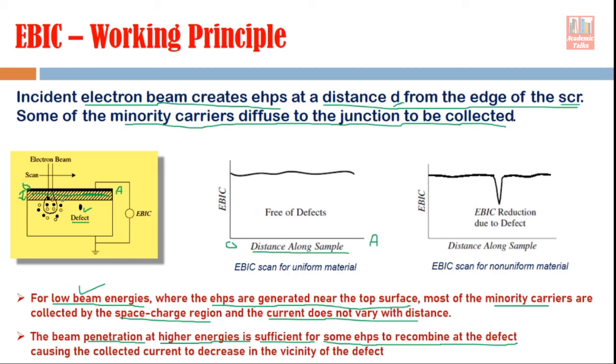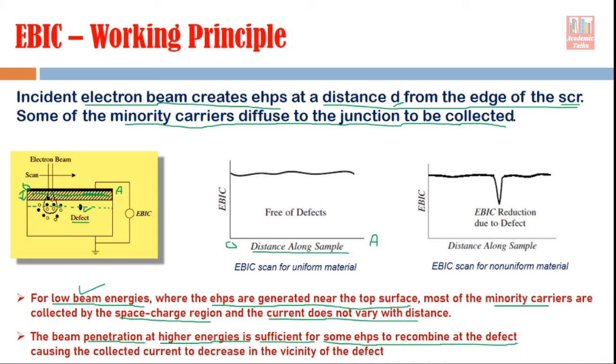So if the energy is higher and the electron beam is now able to reach this second line, then when the beam is in this portion, electron hole pairs will be generated, and these are still within the safe range, so they can travel to this space charge region and be collected.